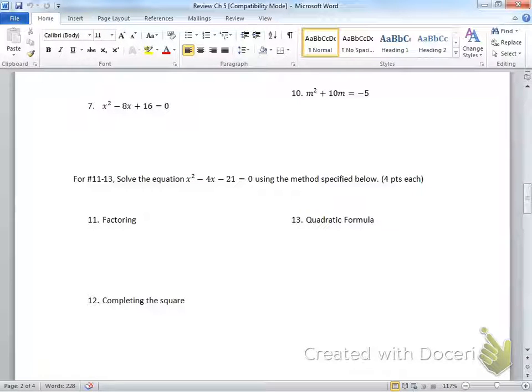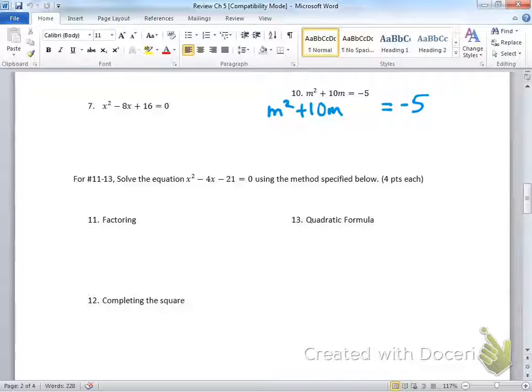So you can also complete the square on this one. I am going to rewrite it with that space. Remember, when you're completing the square, you get the constant on the other side of the equal sign. It's already good to go. Then you divide b by 2 and square it.